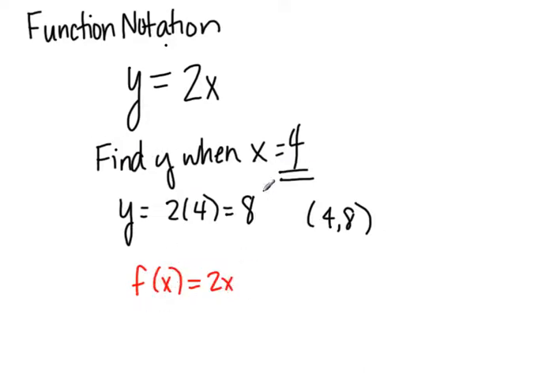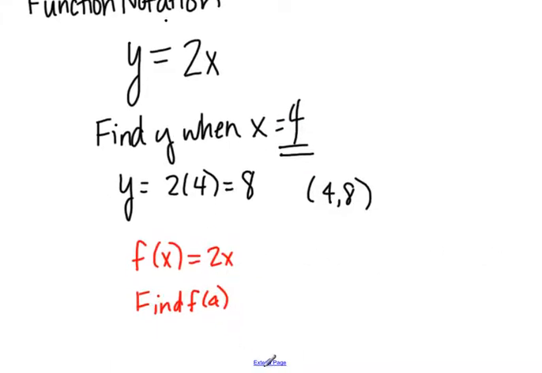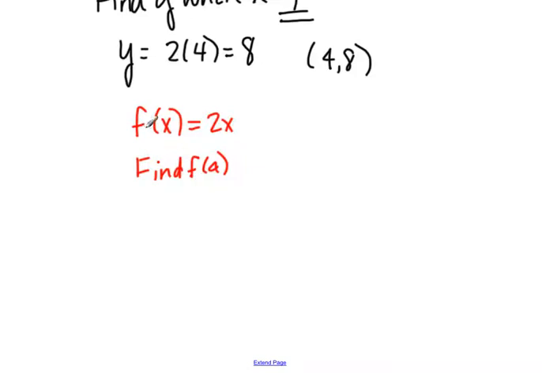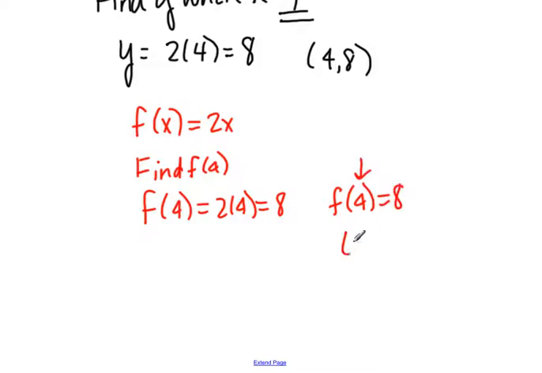And instead of saying find y when x is 4, I can just say find f of 4. And that means you put 4 in for the x. When you do that, you have f of x equals 2x, so f of 4 equals 2 times 4, and that equals 8. So you have f of 4 equals 8, which means that's your x, and that's your y.